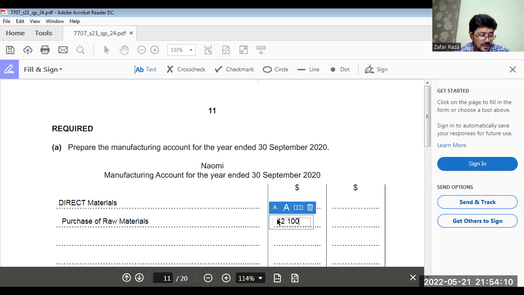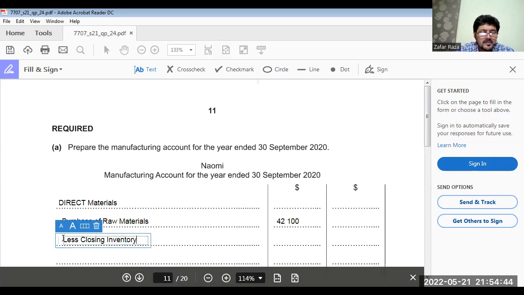We have to deduct closing inventory of raw materials. Just nothing else. Less closing inventory of raw materials.